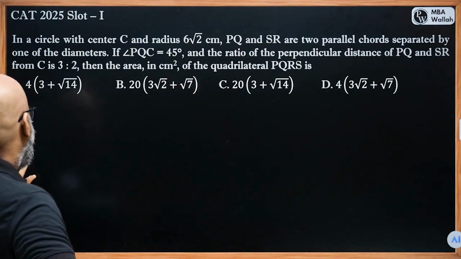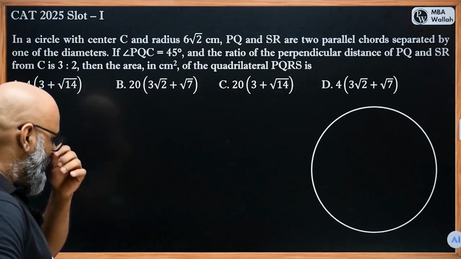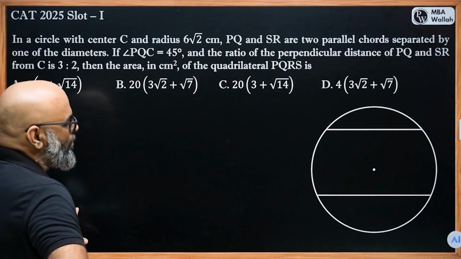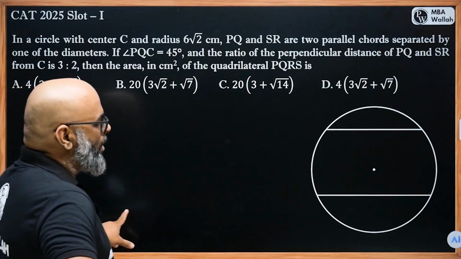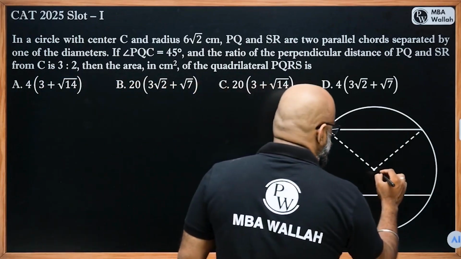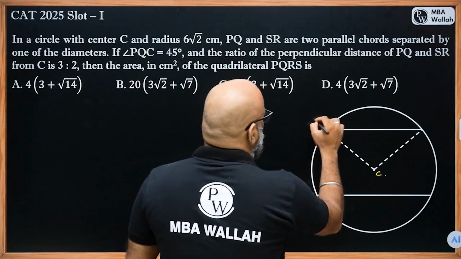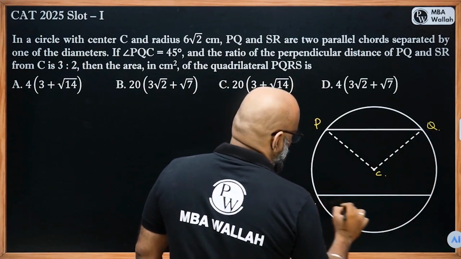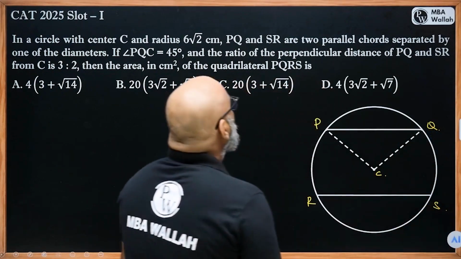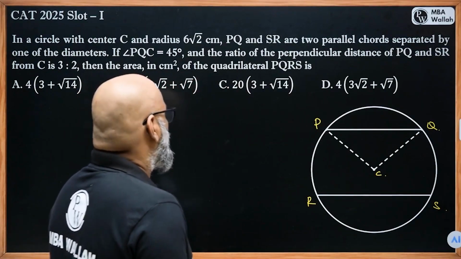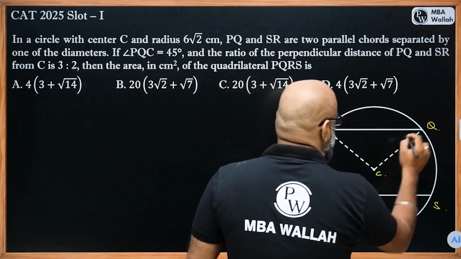We'll go for it. So let's see, there's a circle here with a center C. There's one parallel chord over here, the other parallel chord here. That will be the radius. So I'm going to call this C. Let's call this PQ. And then we'll call this RS. PQC is 45 degrees.